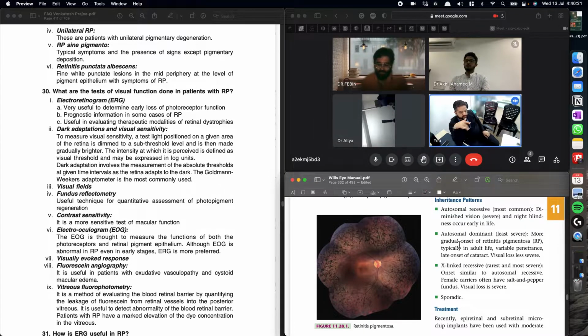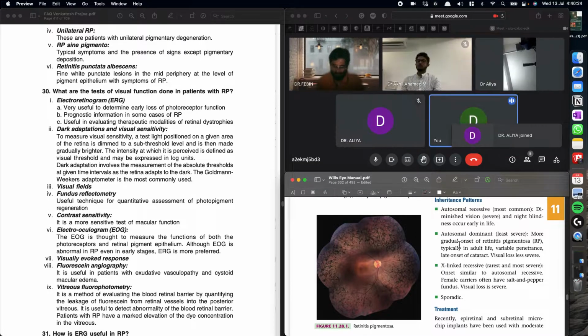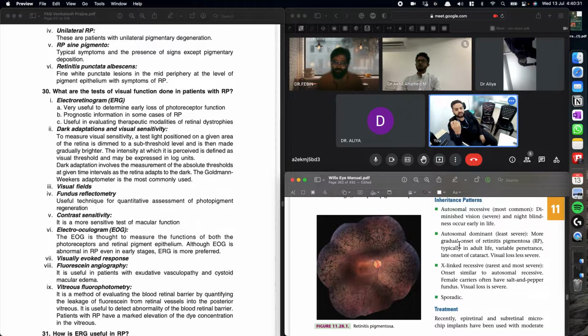Now, given the scenario that I gave you initially, a 25-year-old guy with bad central vision, with extreme RP, with PSC, what mode of inheritance would you put this under? 25-year-old boy, extreme RP, PSC, and central vision also down.